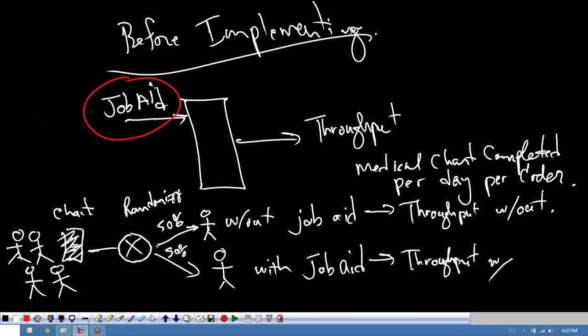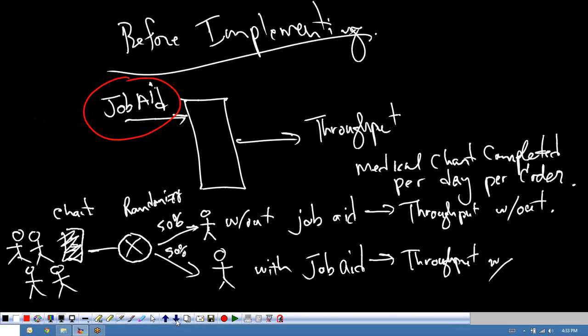Double-blinded is usually if you're doing drug trials and things like that: the experimenter and the recipient of the treatment don't know what treatment they got. In this case, certainly a coder would know whether they're using the job aid or not, so that would be difficult to do in a blinded situation. But that's okay. We've still randomized it, and that makes a difference.